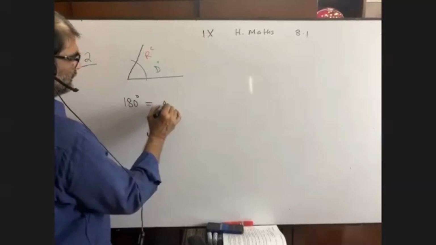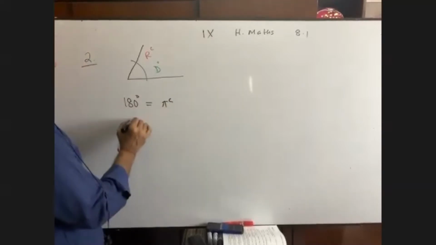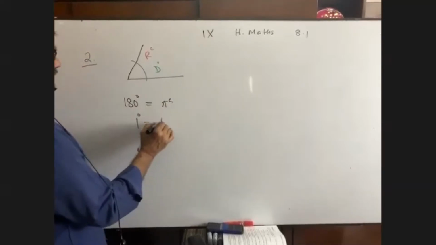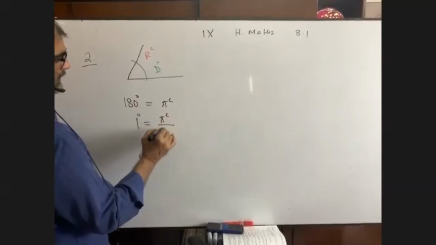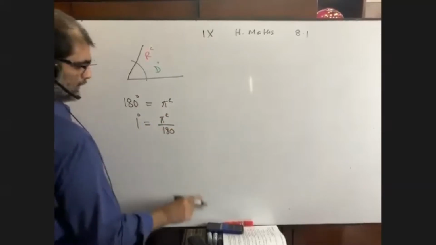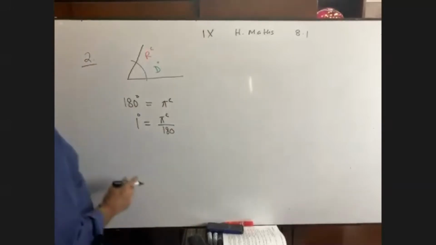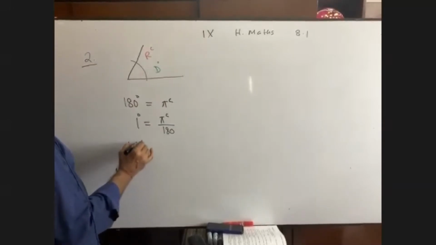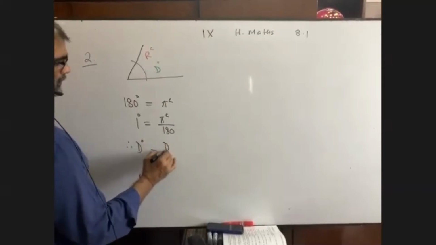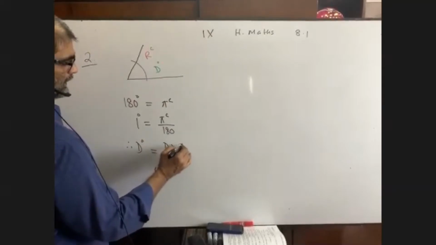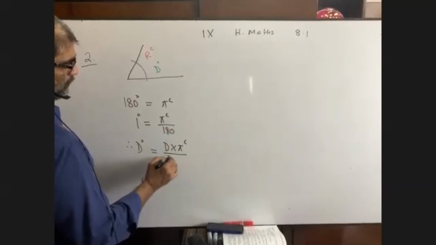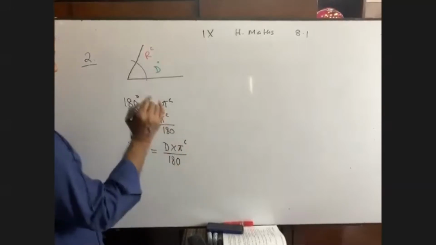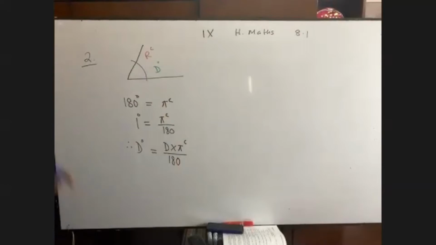Pi radian. Then 1 degree equals to pi radian by 180. Then it is d degree. Therefore, d degree equals to d into pi radian by 180. Right?